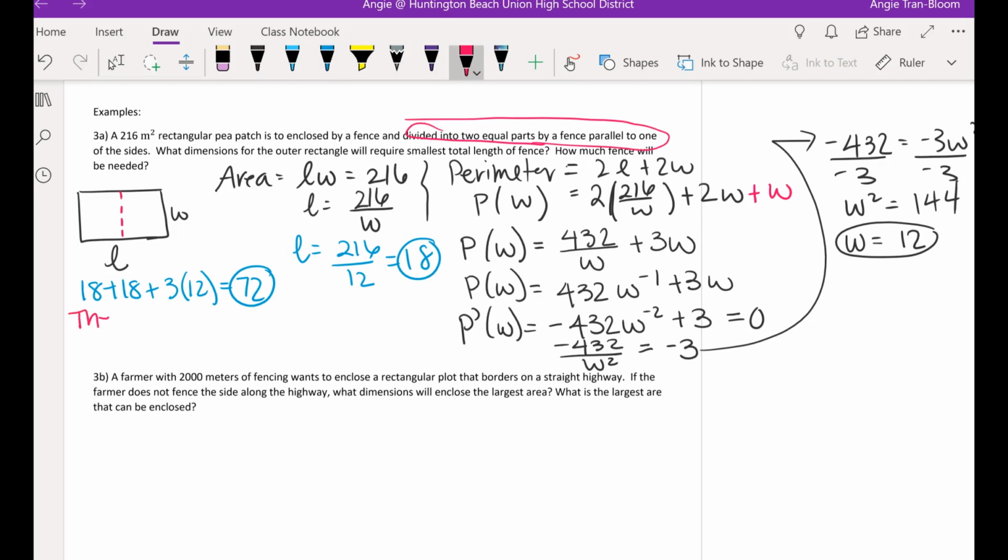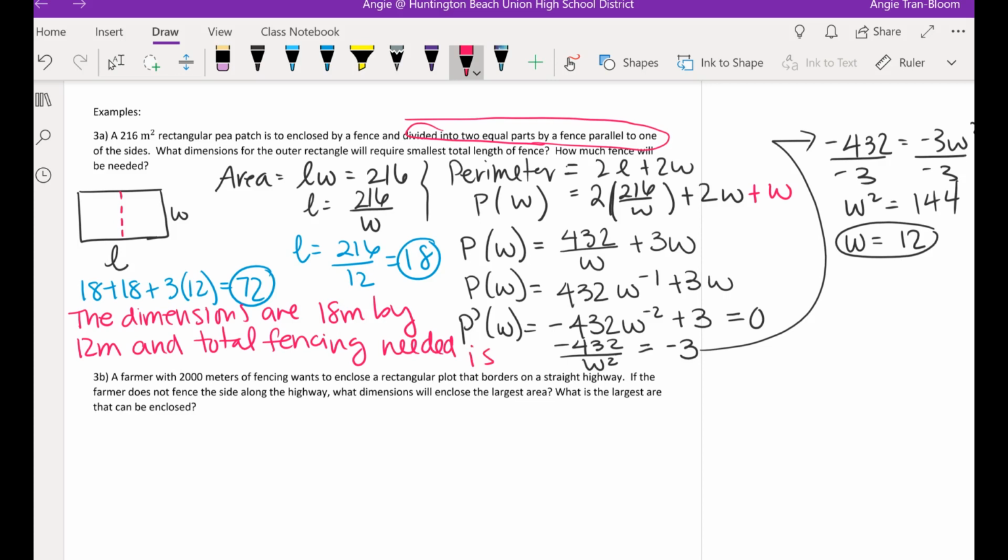The dimensions are 18, I believe the unit of measurement is meters, by 12 meters, and total fencing needed is 72 meters. It's not meters squared because it's not an area. It's looking for the outer. And that is example 3A.